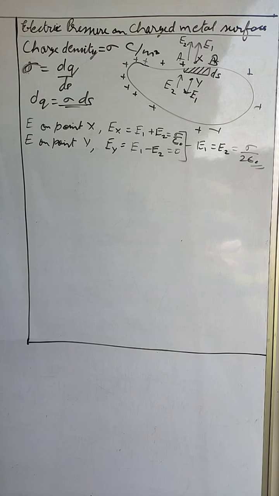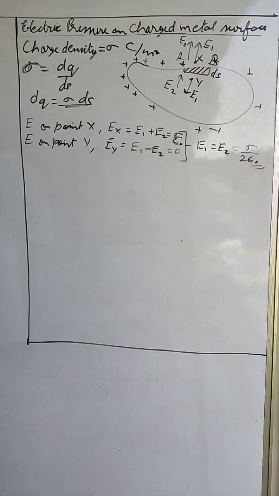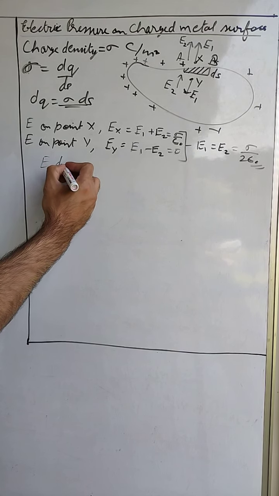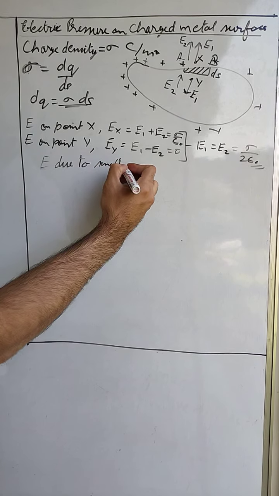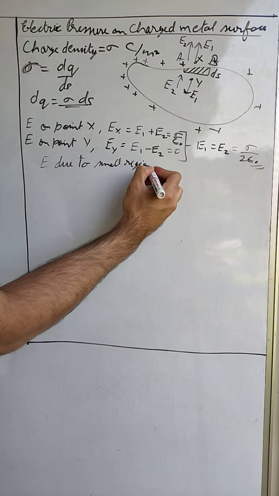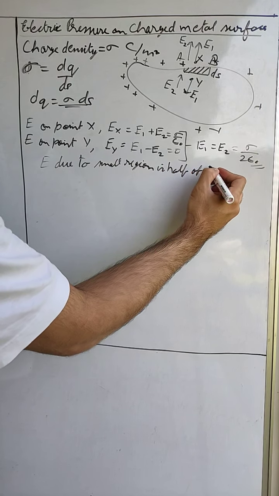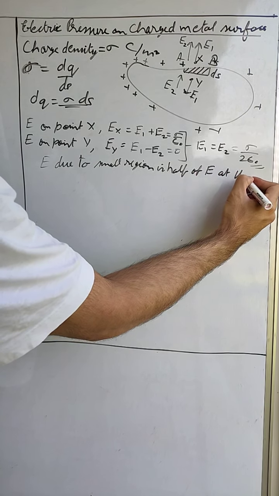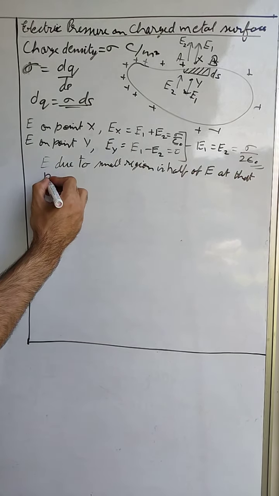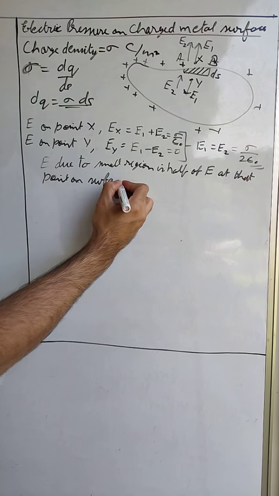By this result, a very important point is produced: just outside the metal surface, the electric field due to a small region is half of the electric field at that point on the surface.